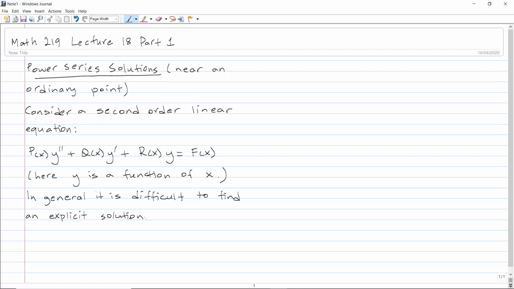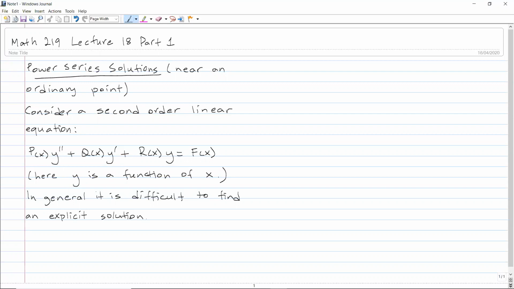All right, now, if you think about why we want to solve a differential equation, we have this function y of x, and the differential equation gives us information about how the derivatives of this function behave with respect to the variable x.